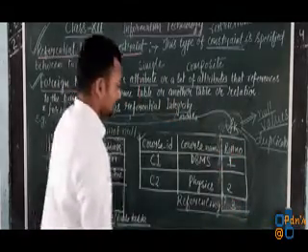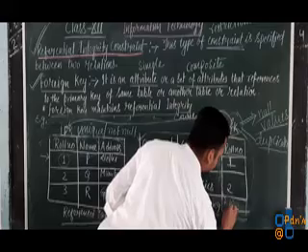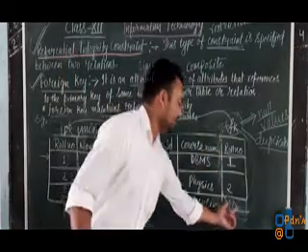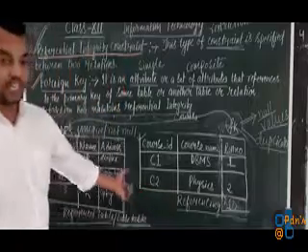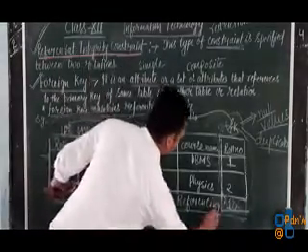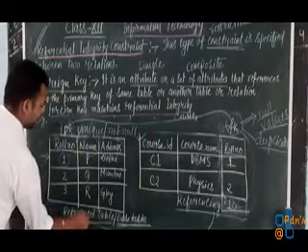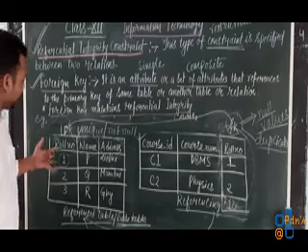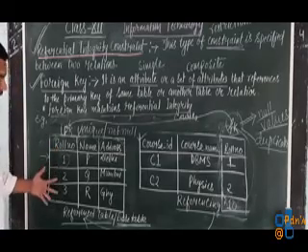Now, roll number 10. Can you guarantee that this roll number 10 value will be inserted? No. Why? Because if we check the referenced table, under the roll number attribute only 3 values are there: 1, 2 and 3.